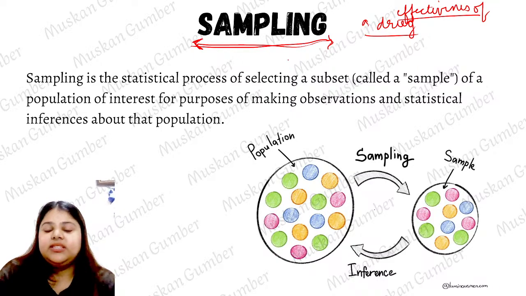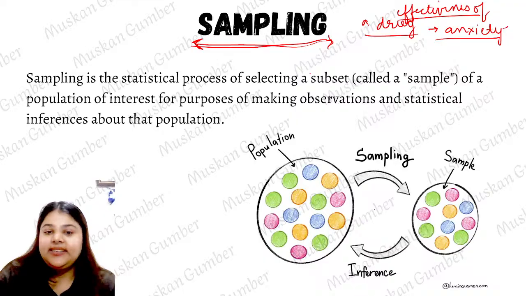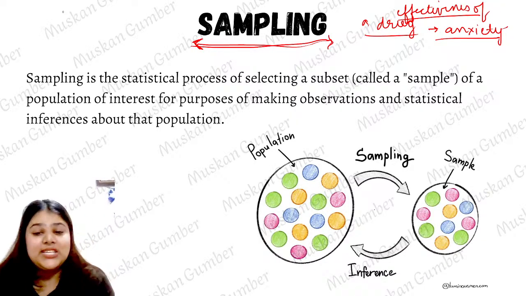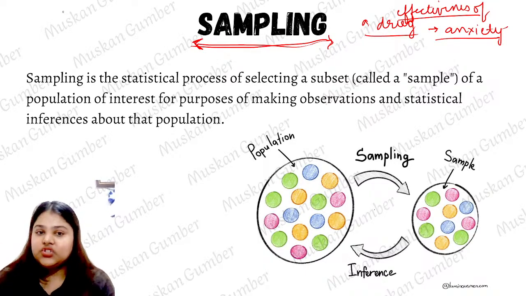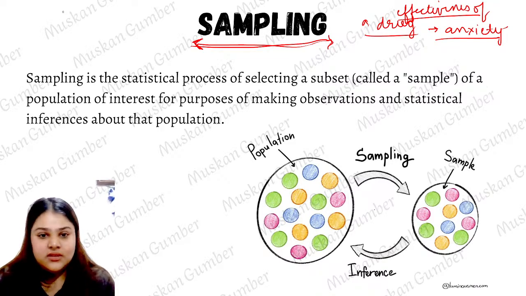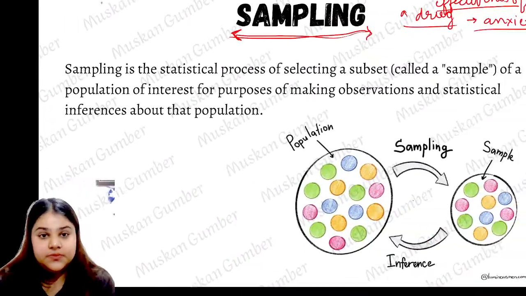Now this drug is applicable to maybe all the people who suffer from anxiety. The population, everybody who suffers from anxiety, is going to be quite large, right? For example, there are going to be thousands, lakhs of people who suffer from anxiety. Do you think it will be possible for me to go and collect all of their data? Do you think that is possible?